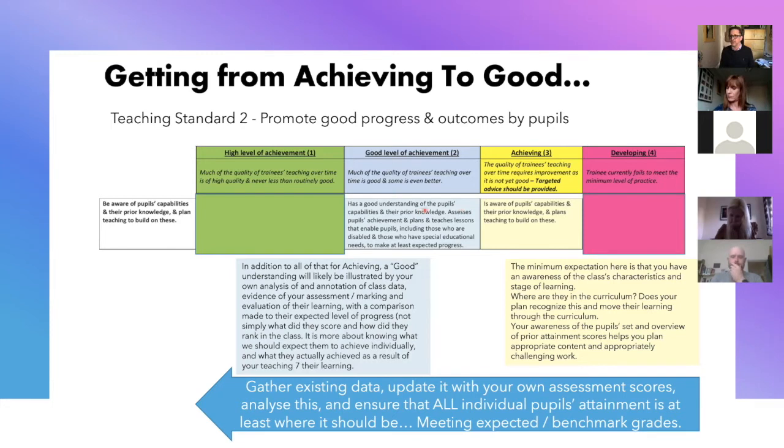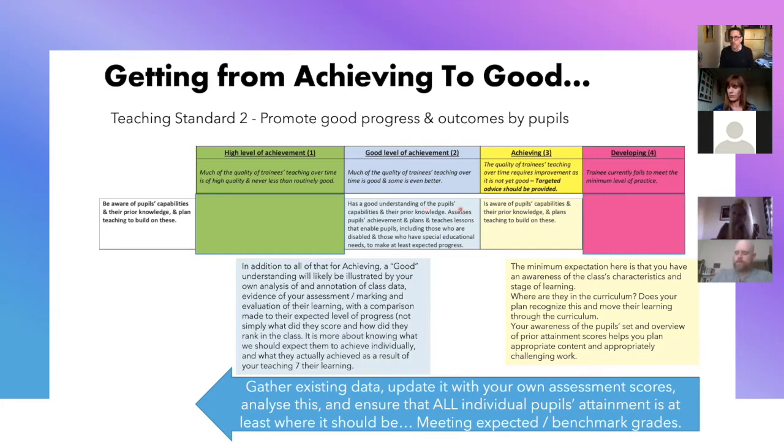To have a good understanding, you will have analysed that in more detail. You'll have literally looked down that list and you'll have thought, right, I know these pupils by name, and I'm looking carefully for the differences in their scores from the previous assessment to what they've recently been assessed at in a homework or in an end of unit test or something.